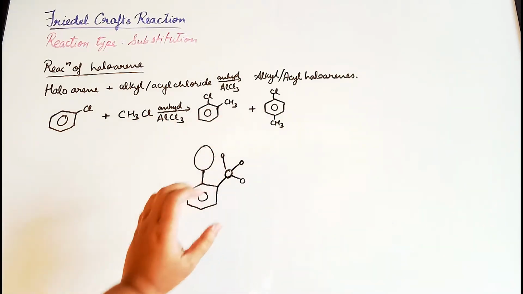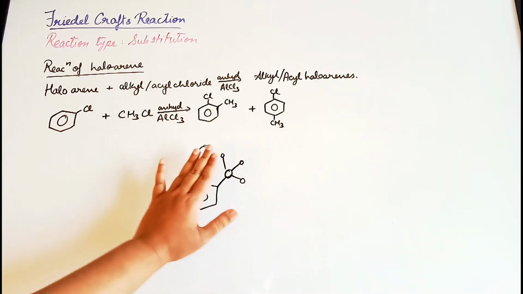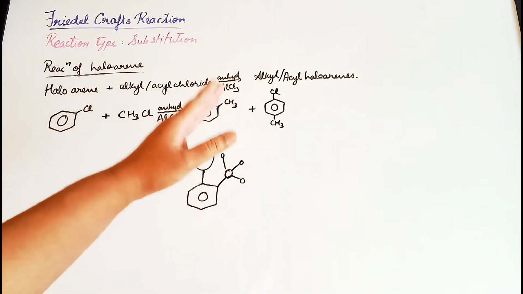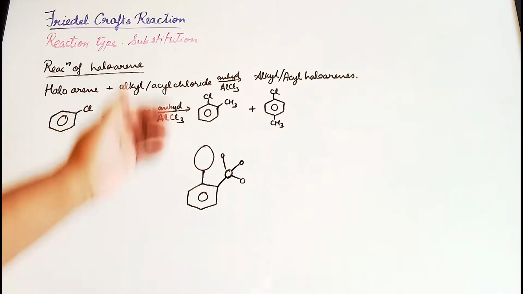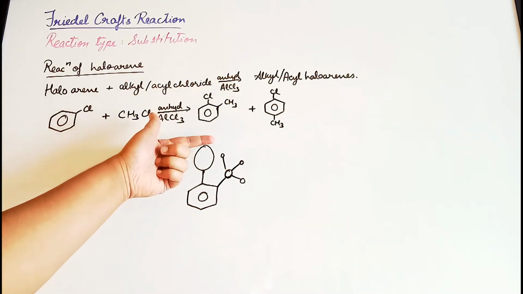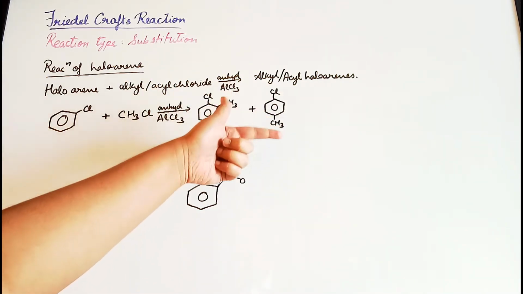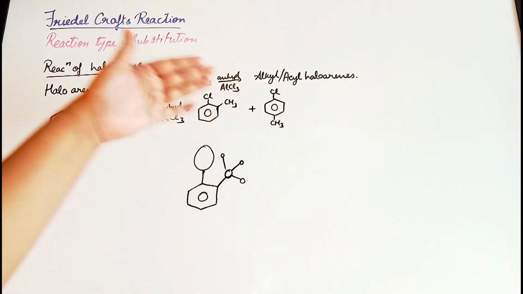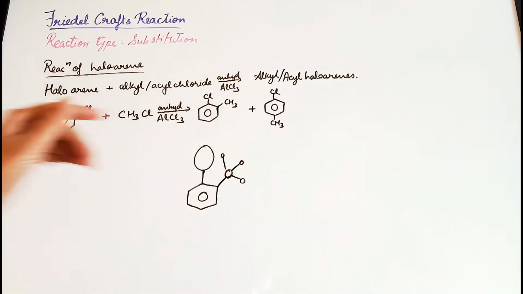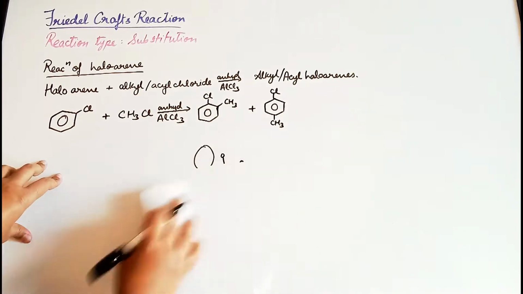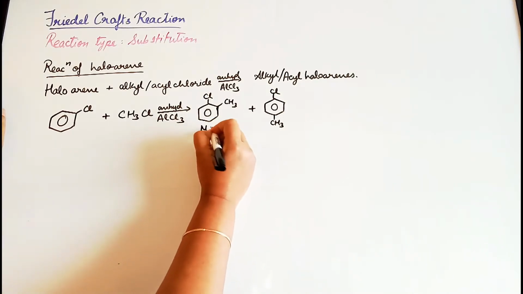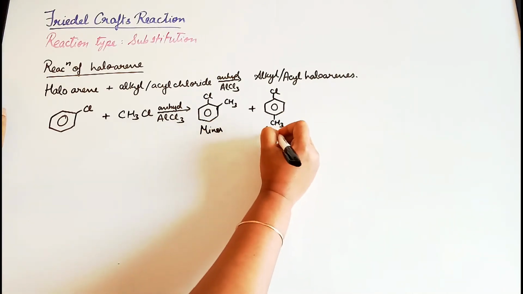So obviously there will be some amount of steric repulsion between the chlorine atom and the methyl group, and this is why the ortho product is the minor product, whereas the para product will be the major product. So this is minor, this is major.